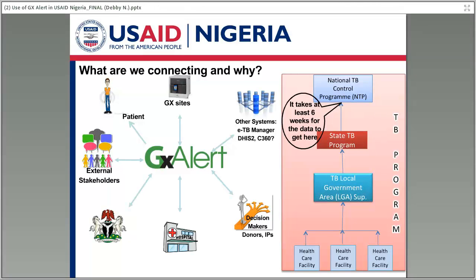So GXAlert made it easier to connect the facilities, the decision makers, the NCP, and the patients, because, as Brad already talked about, we send messages to patients to come back to the facility when their results are ready. In theory, this system is supposed to connect all these key stakeholders in making sure that once a TB patient is diagnosed, they start treatment on time.